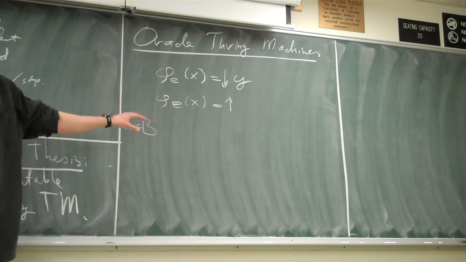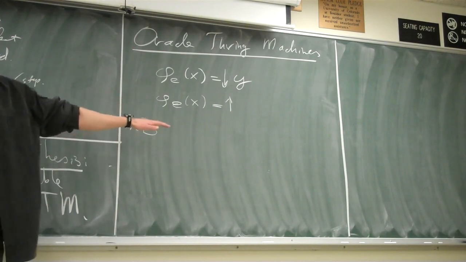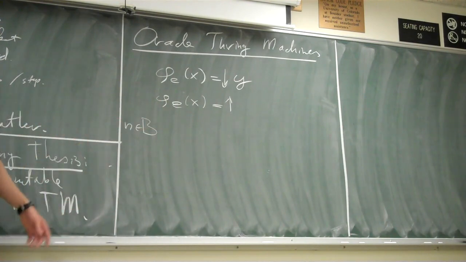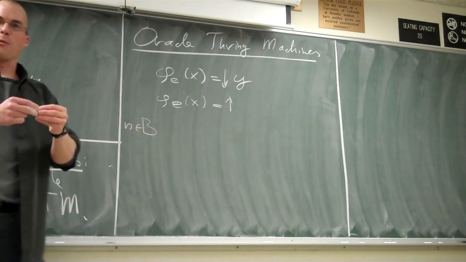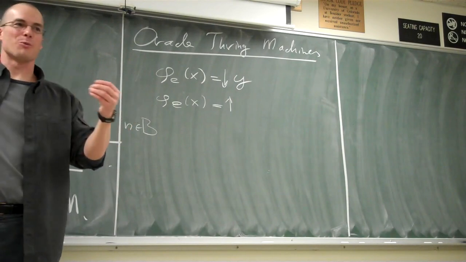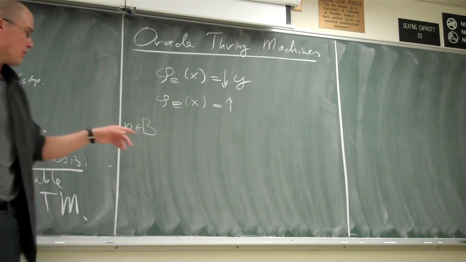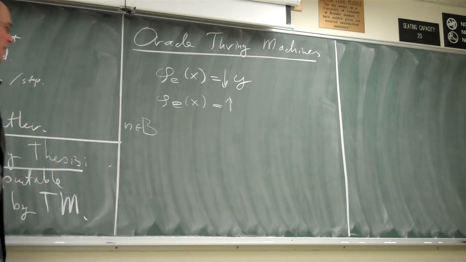If you want to fill in the details, you could represent such a set B in the context of Turing machines by a one-way infinite tape of zeros and ones, which is the characteristic function of this set B.